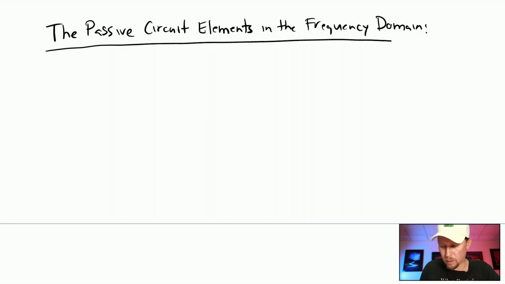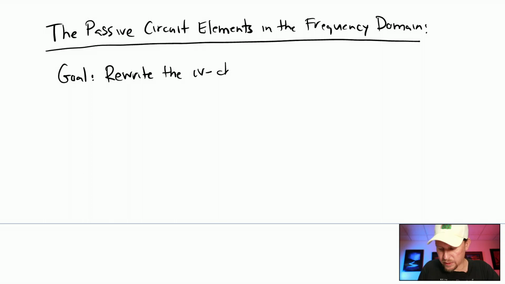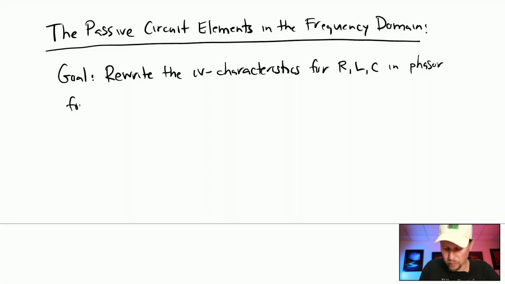And the goal is going to be to rewrite the IV characteristics for the resistor, the inductor, and the capacitor in phasor form. This is assuming that either the voltage or the current are perfect sinusoids.